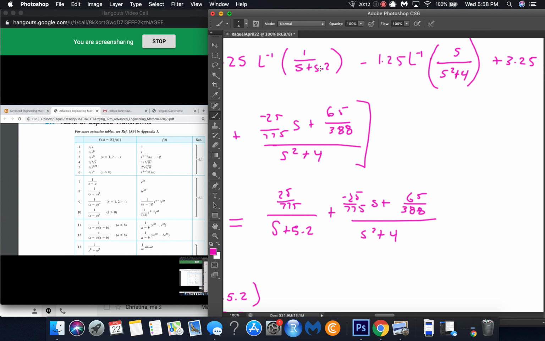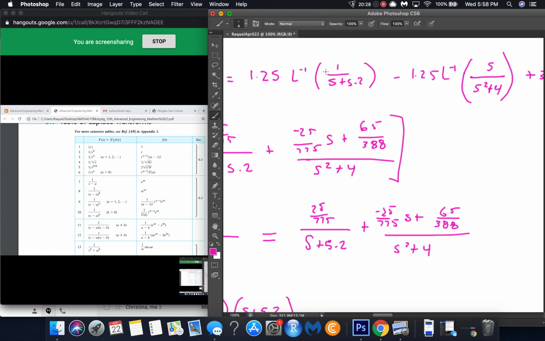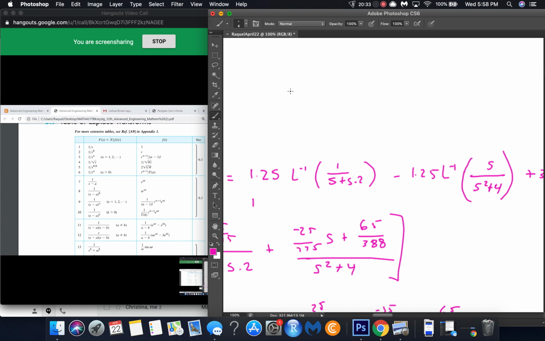So let's start with the 1 over S plus 5.2. Notice that 7 is 1 over S minus A equals e to the A t. Since it's plus, you're going to have 1 over S plus 5.2. I'm going to write the inverse on the top.